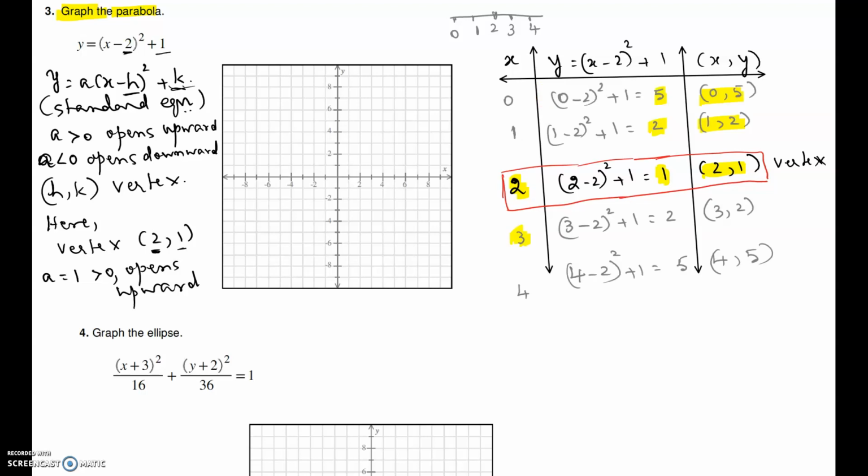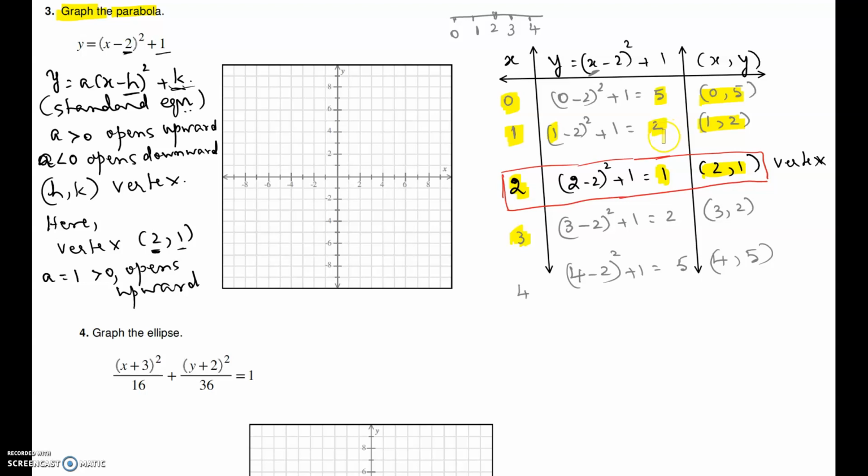When we plug in 0 into x in this equation of y, we get 0 minus 2 the whole square plus 1, that will be a 5. If we combine the ordered pair x and y, it is 0, 5, we get 1 point. Then in the same way, substitute x equal to 1. So 1 minus 2 the whole square plus 1.